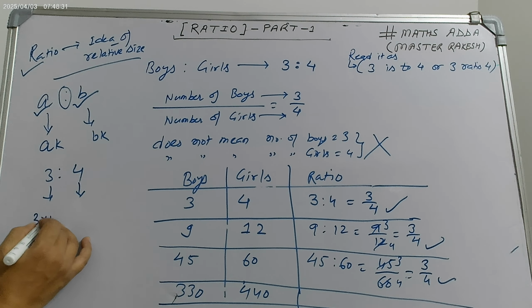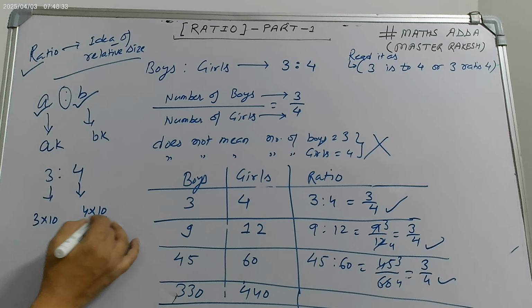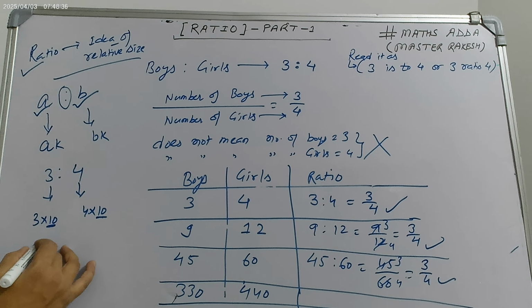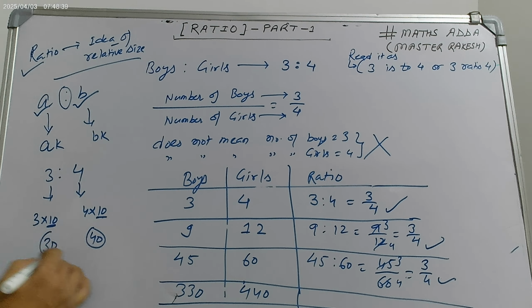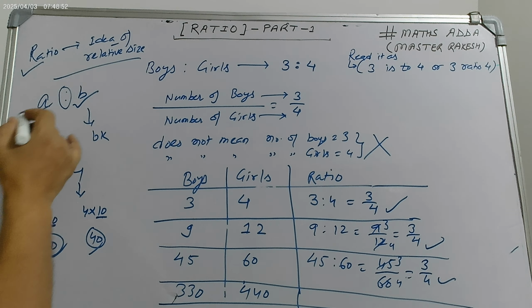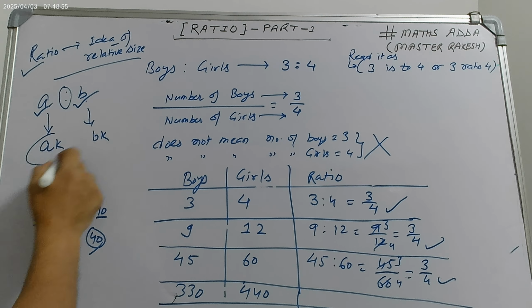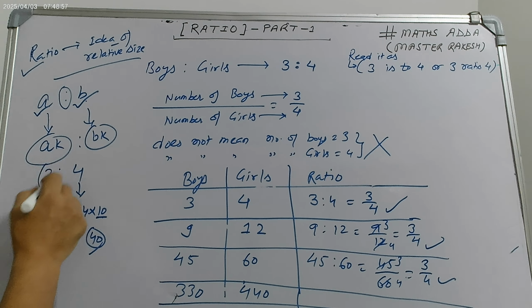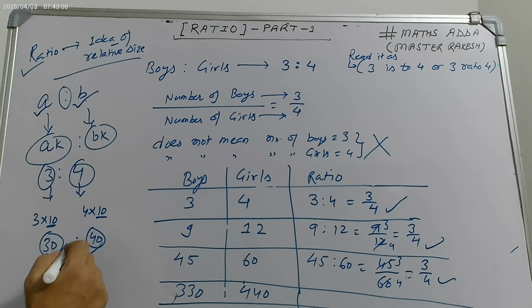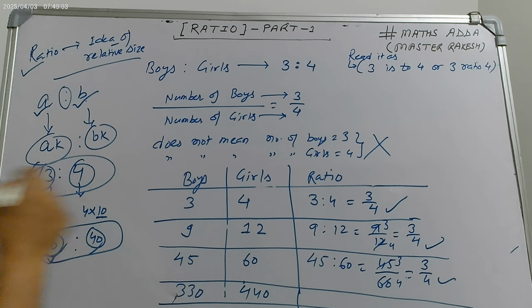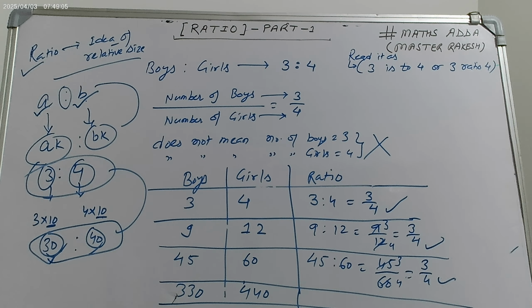Multiply 3 by 10 and 4 also by 10: 3 tens are 30, 4 tens are 40. This is a constant of proportionality. So A ratio B is the same as AK ratio BK. 3:4 is the same as 30:40. It will be the same.